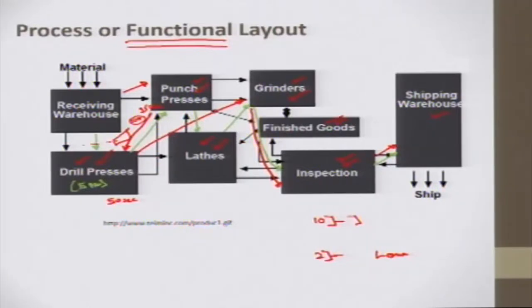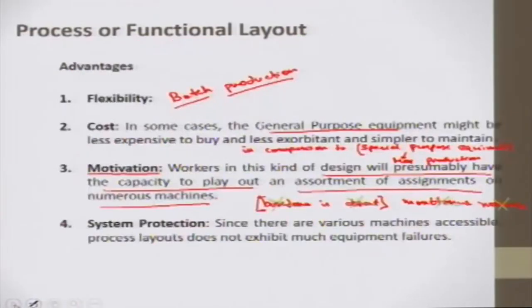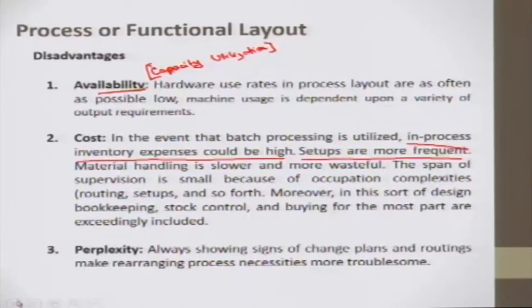Here we will have to locate a buffer to store. So in-process inventory here is high, and inventory carrying cost, when we talk about EOQ, that is economic order quantity, we have two major factors here: inventory carrying cost, also known as holding cost, and the setup cost, that is making an order.